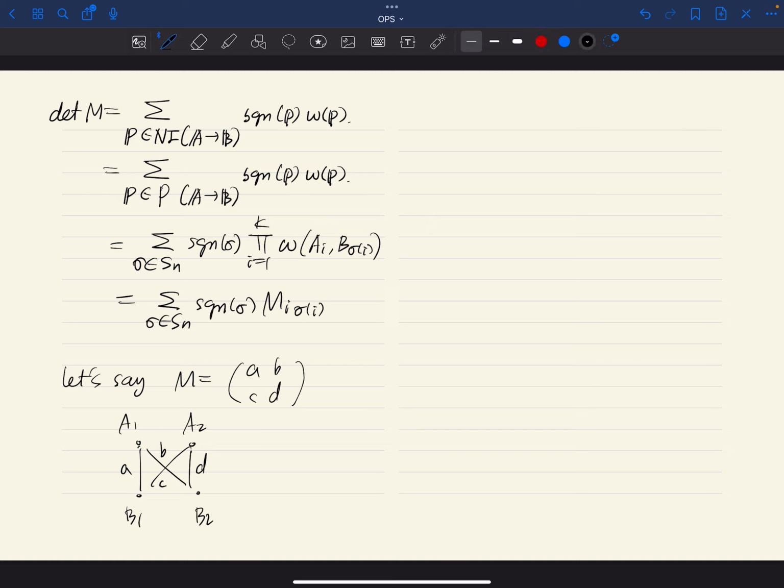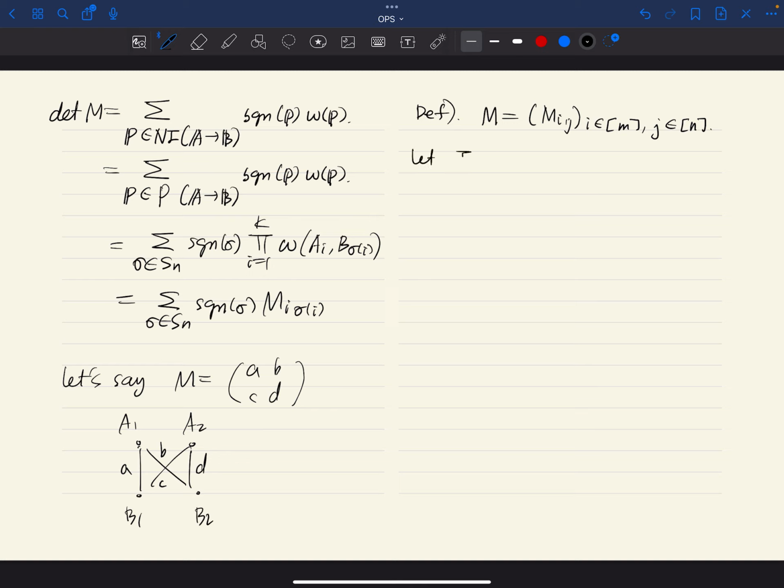I'm not sure I have enough time, but I think I can state the theorem at least. So we have a matrix M, any matrix, not necessarily a square matrix, say n by m.